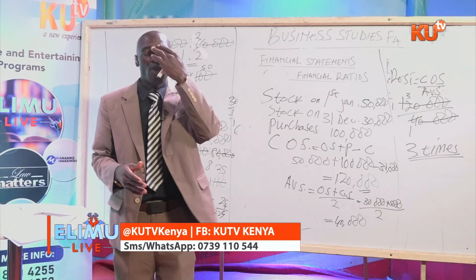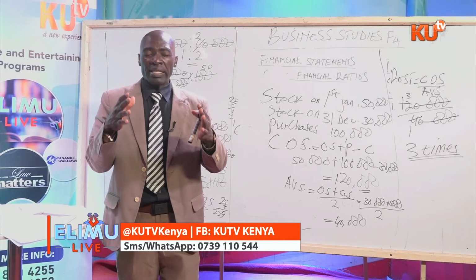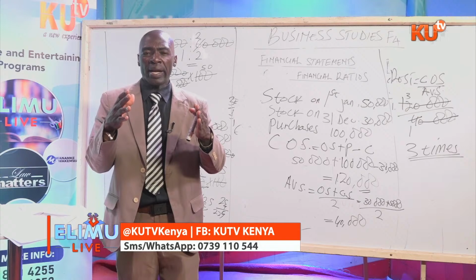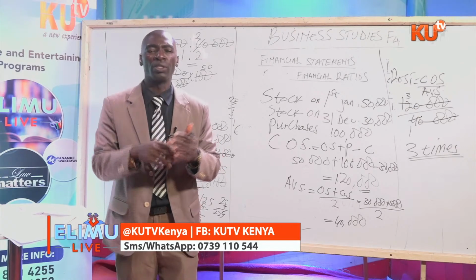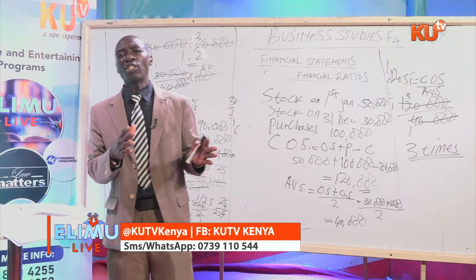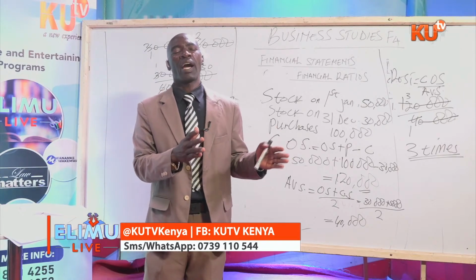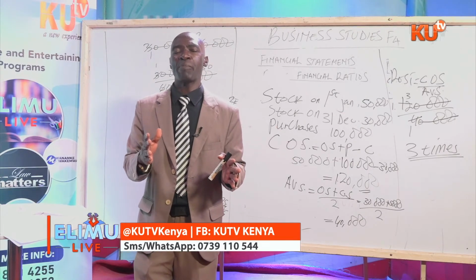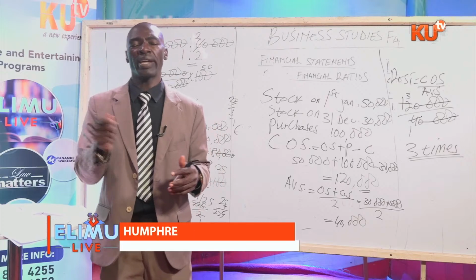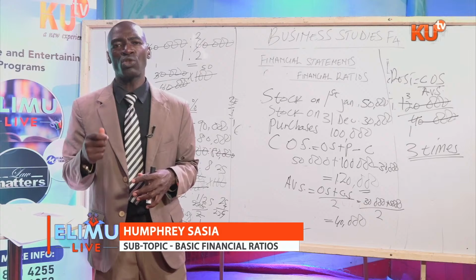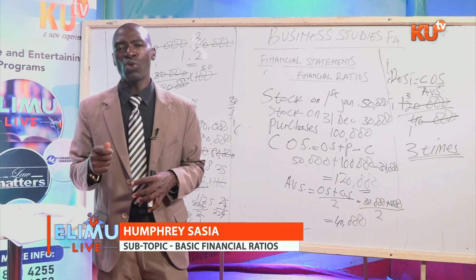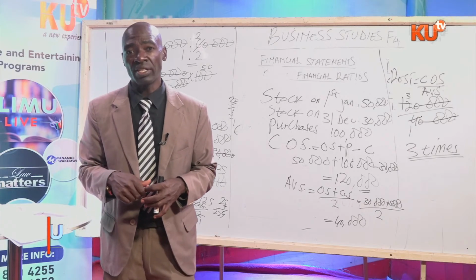Then returns inwards: the client or the buyer has brought back the eggs you sold. If you had sold 20 eggs, and then a customer brings back 2 eggs, and you are selling at 20 shillings each, you had made 400 shillings.